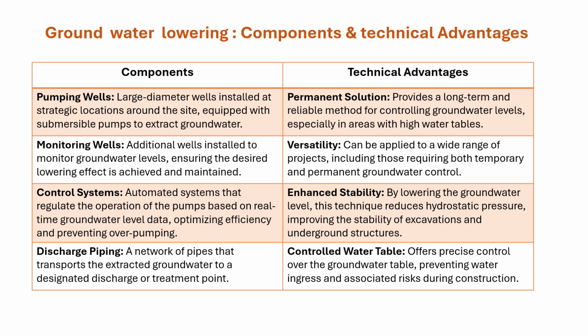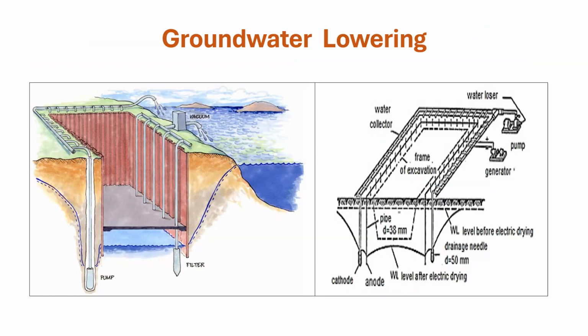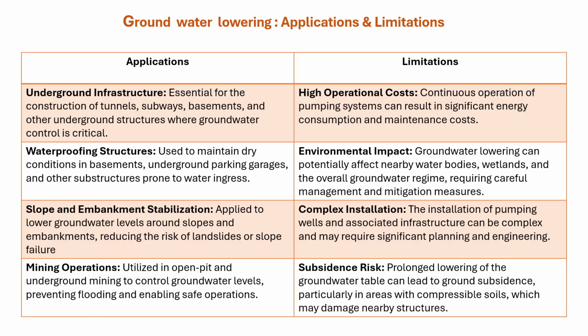They can control the water table by offering precise control over it, preventing water ingress and associated risks during construction. And this is an example of how groundwater lowering is used in construction projects, where we can apply such systems in underground infrastructures, such as tunnels, subways, and basements, for waterproofing structures in order to maintain dry conditions, for slope and embankment stabilization, and for mining operations.